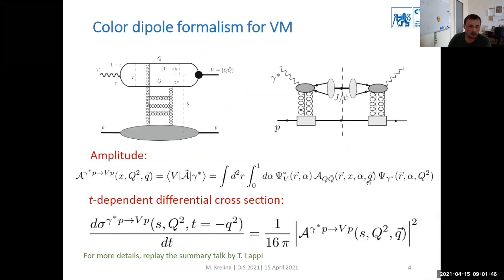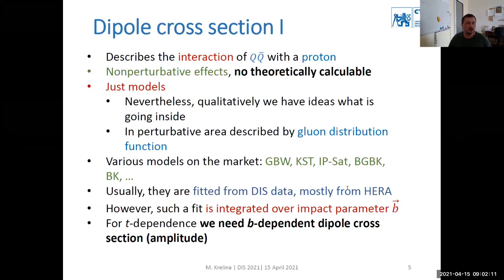Then you have a term for the interaction of the QQ-bar with your target, in this case the proton, and then the wave function of the QQ-bar going into quarkonia. I will focus on the term usually called the dipole cross section. In general, as I said, dipole cross sections describe the interaction of the QQ-bar with a proton.